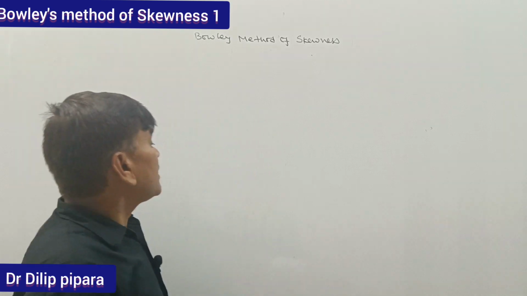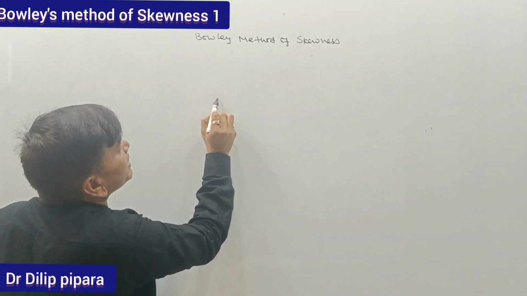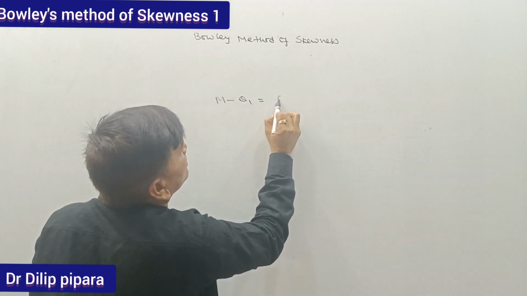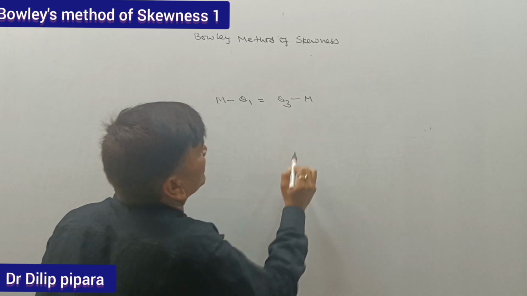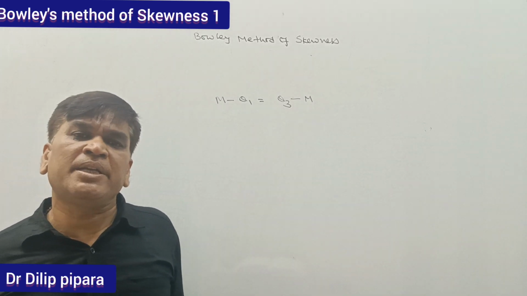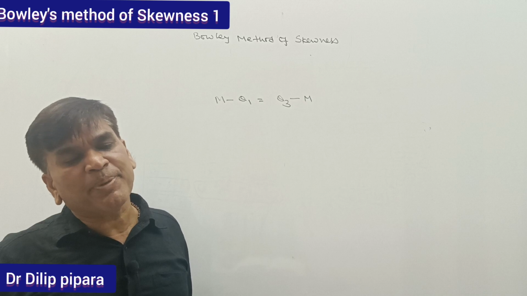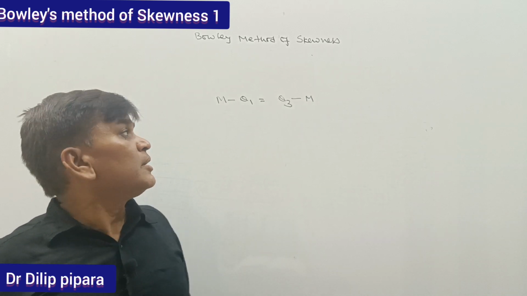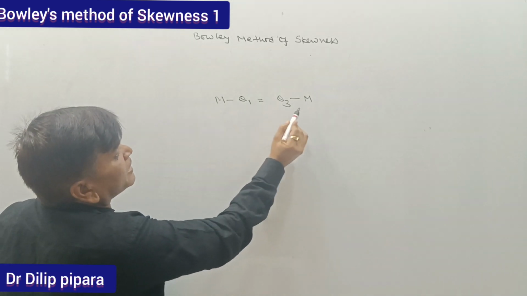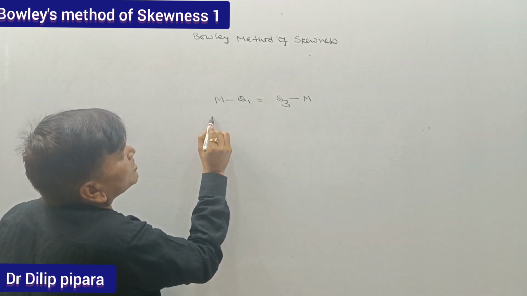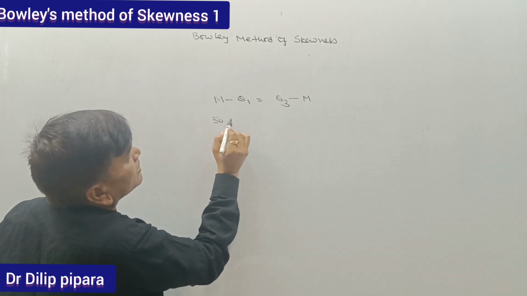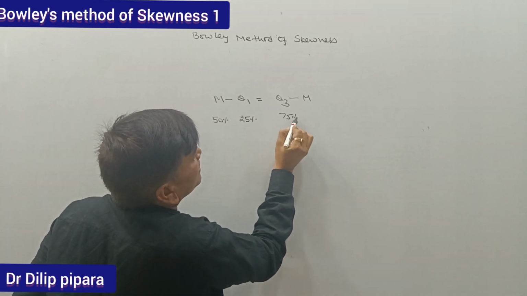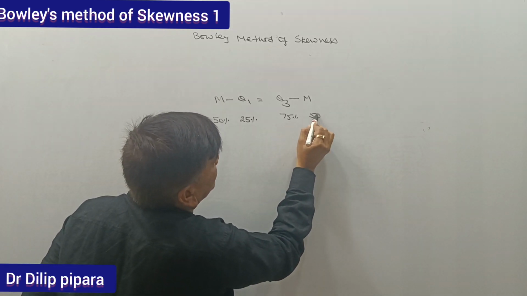Bowley said that the difference between the median and the first quartile should be equal to the difference between the third quartile and the median, because the median shows the 50% data, Q1 shows the 25% data, and Q3 shows the 75% data.